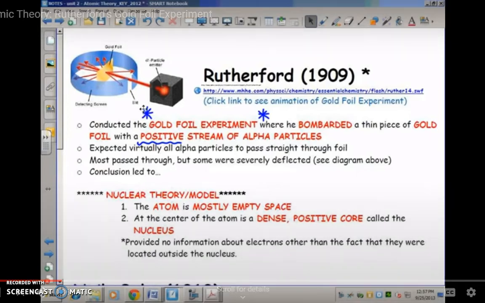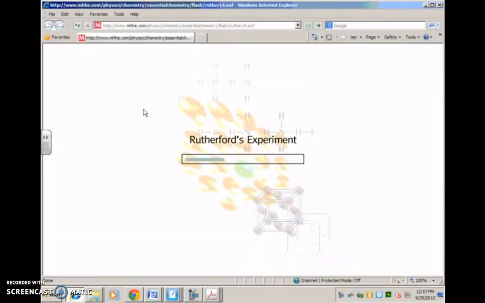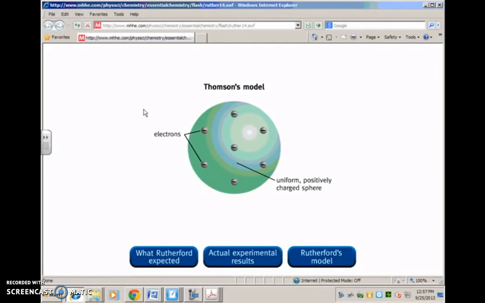Now, based on J.J. Thomson's model, Rutherford developed a hypothesis. Thomson said the atom was spherical and had uniform density with these little negative flecks called electrons throughout it.